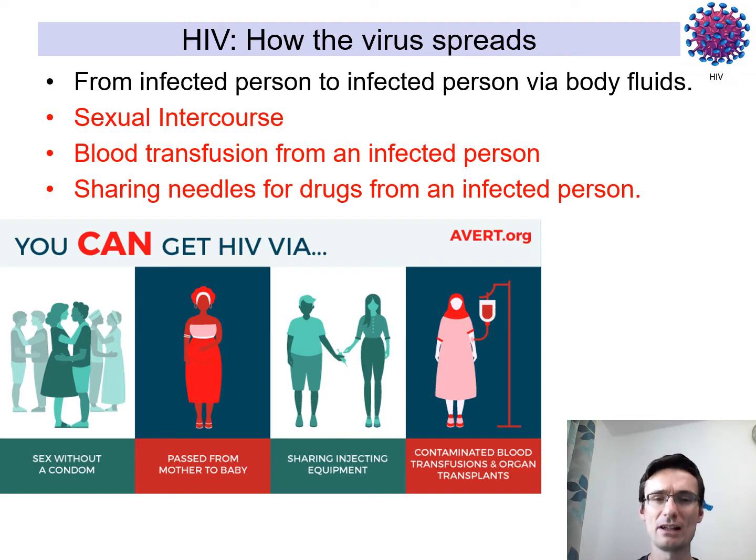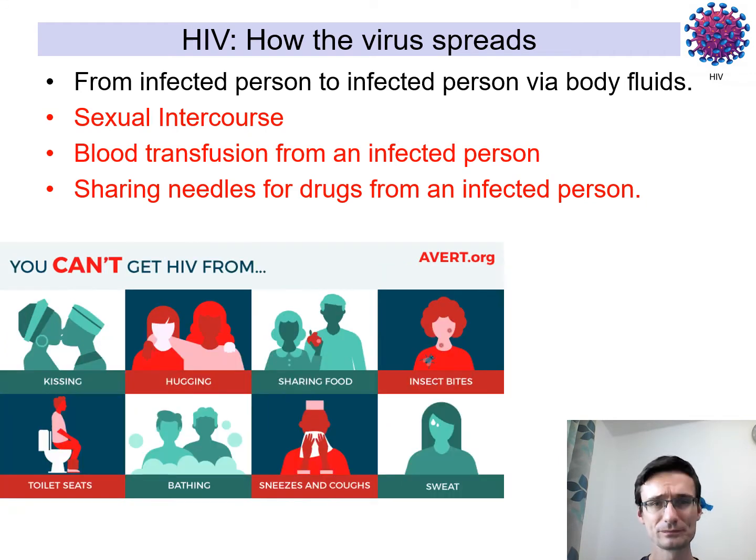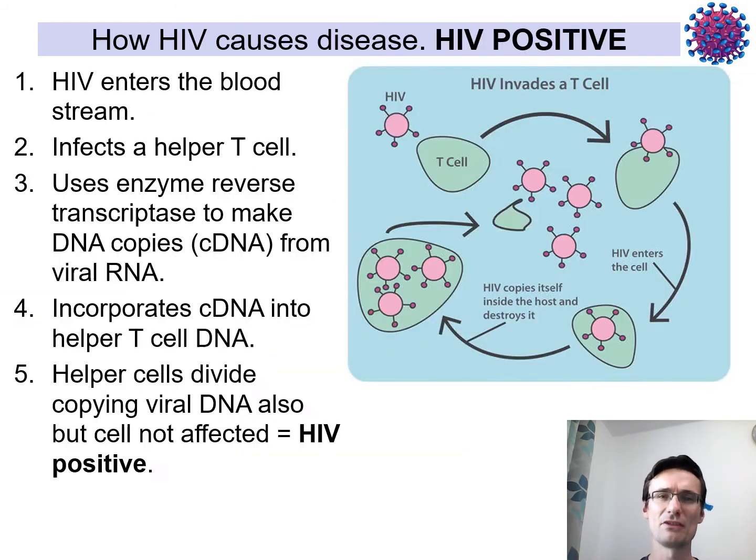It could also come through blood transfusions or organ transplants, but we won't generally have that happen these days because everyone gets tested really well before you give blood. You can't get it from kissing, hugging, sharing food, insect bites, toilets, bathing together, sneezing or coughing or sweating. So it's not a virus that can be passed like that, and it's only those ways through which it can be passed.